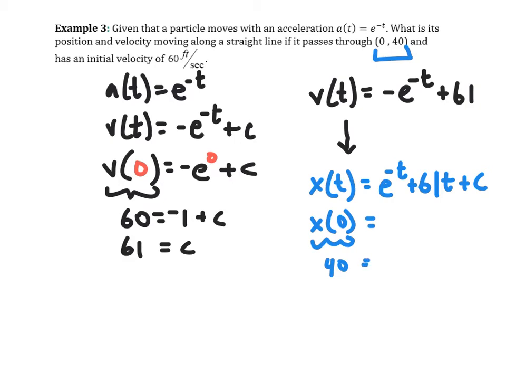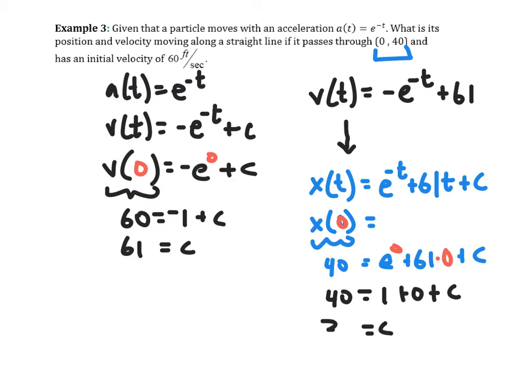So 40 equals e to the negative 0, right? E to the 0 power plus 61 times 0 plus c. Well, then that means that 40 equals 1 plus 0 plus c. So that means that c equals 39.